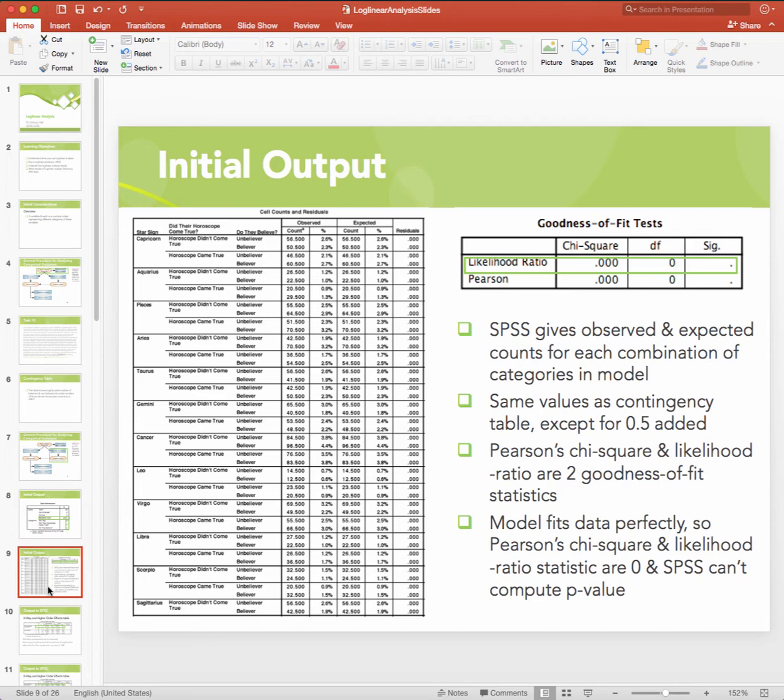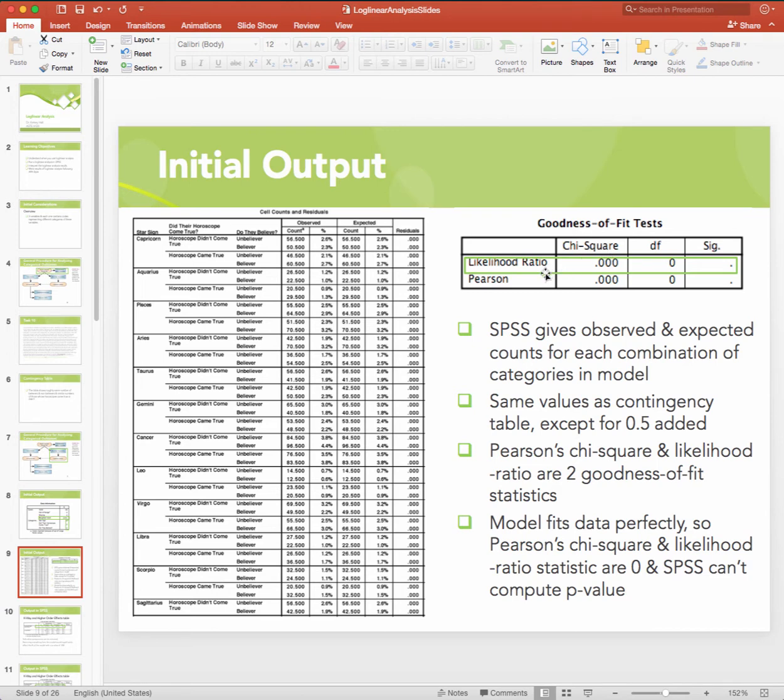These values should be the same as your original contingency table, except that you'll notice each cell has 0.5 added to it. So right here the counts are now 56.5, 50.5, 46.5, and that's because the values all have 0.5 added to the score.